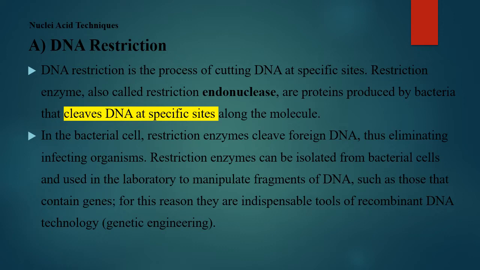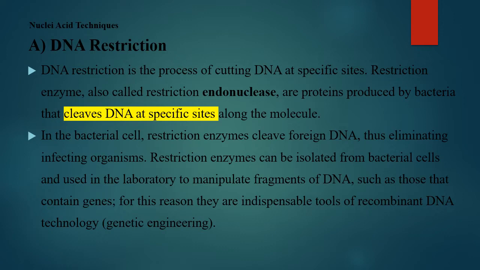Now, the enzyme restriction endonuclease that we obtain from bacteria is what we use as a DNA restriction enzyme. Now, this cuts DNA at specific sites. So there are particular points along the DNA molecule where the cutting is obtained.